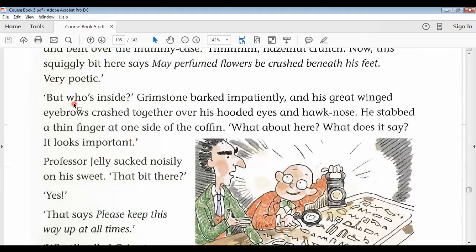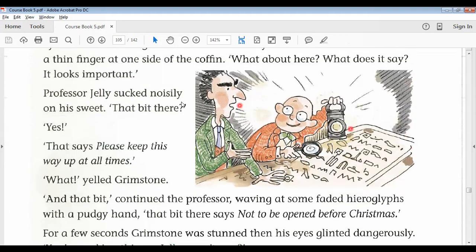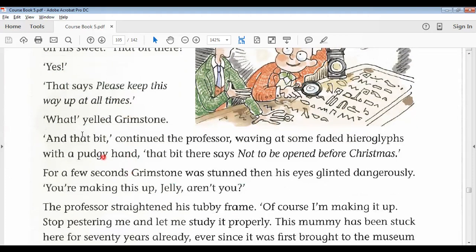Very poetic." "But who's inside?" Grimstone barked impatiently, and his great winged eyebrows crashed together over his hooded eyes and hawk nose. He stabbed a thin finger at one side of the coffin. "What about here? What does it say? It looks important." Professor Jelly sucked noisily on his sweet. "That bit there?" "Yes." "That says, 'Please keep this way up at all times.'" "What?" yelled Grimstone.